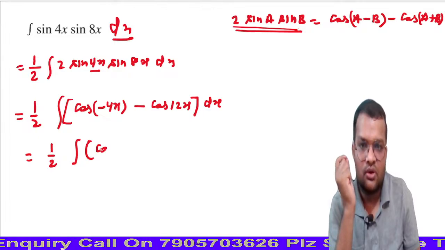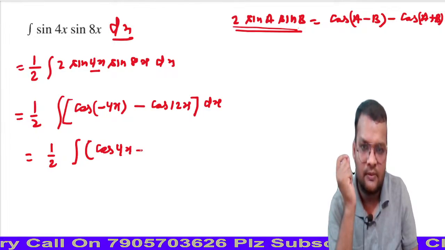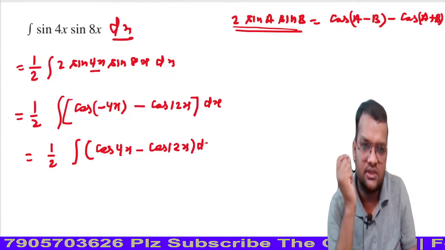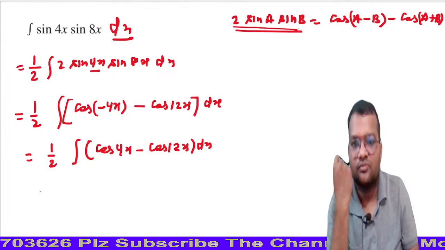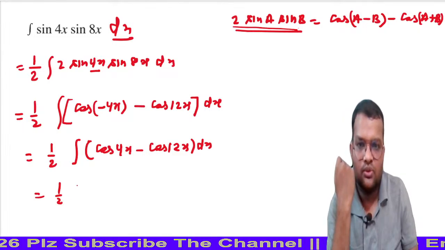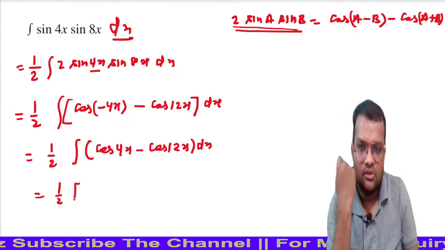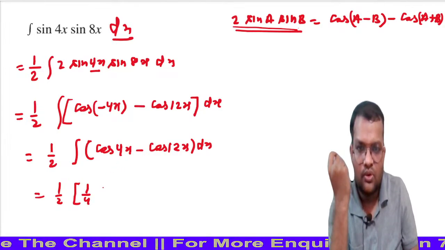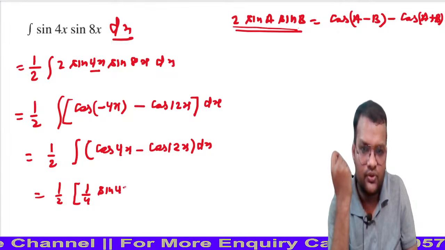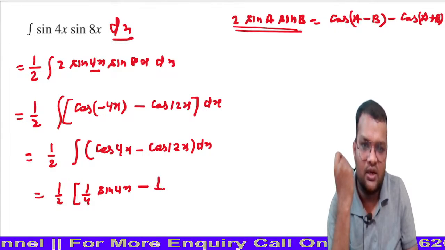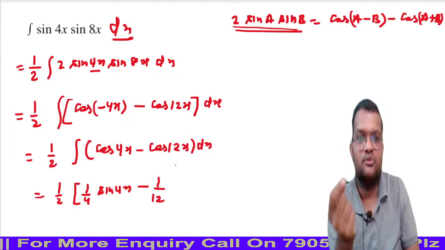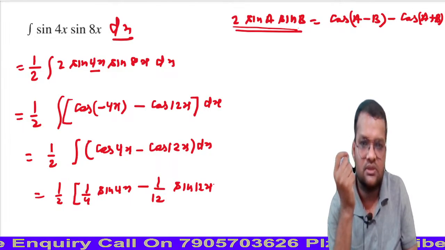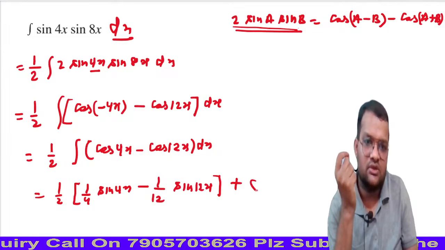So it becomes cos 4x minus cos 12x whole integration. So 1 upon 2 whole integration. When you integrate cos 4x, it becomes 1 upon 4 sin 4x, minus 1 upon 12, when you integrate cos 12x, 1 upon 12 sin 12x, plus integration constant.